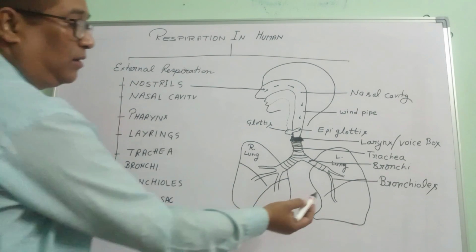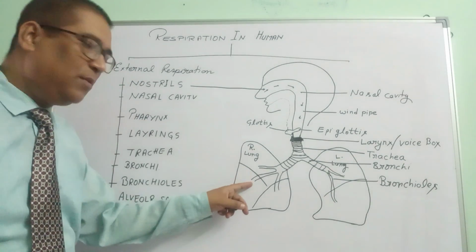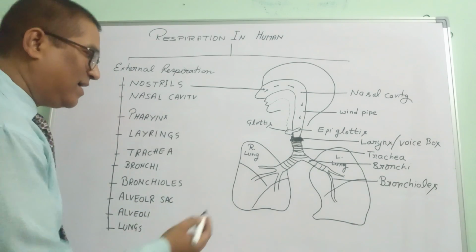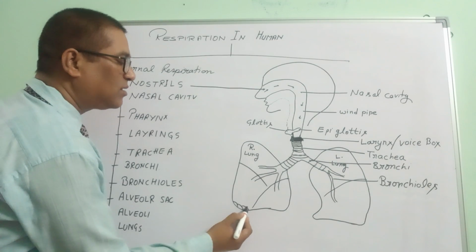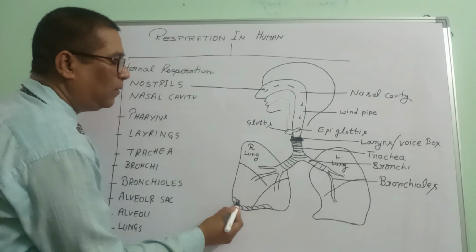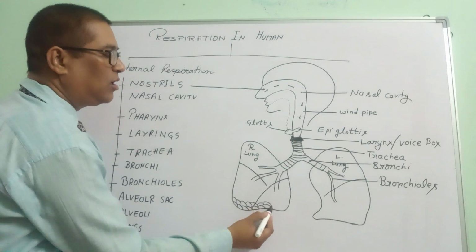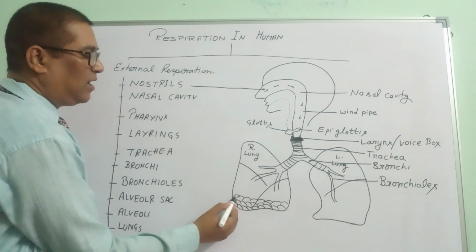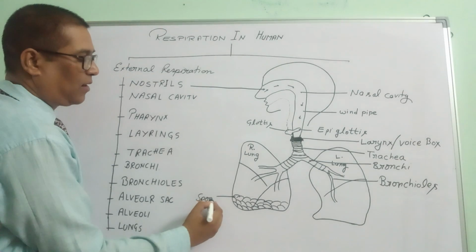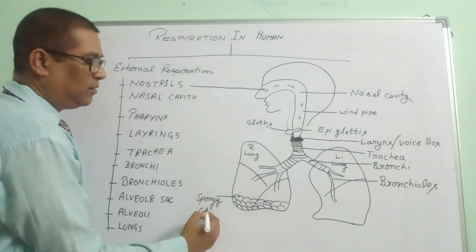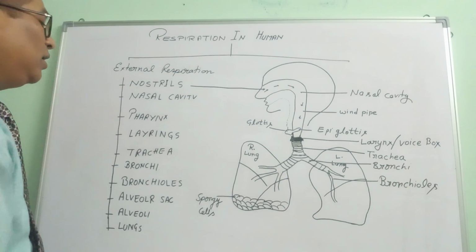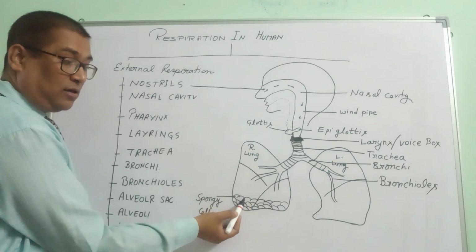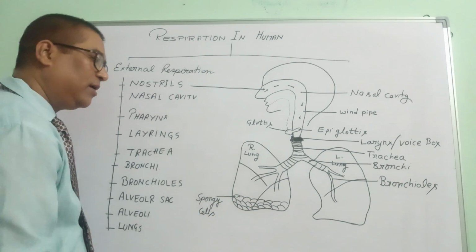Now after the bronchioles, these bronchioles again bifurcate into many parts, on the behalf of lung cells. Now lung cells do not contain any muscles, so the cells of the lungs are also called spongy cells, right? And these bronchioles bifurcate equal to the lung cells, right?